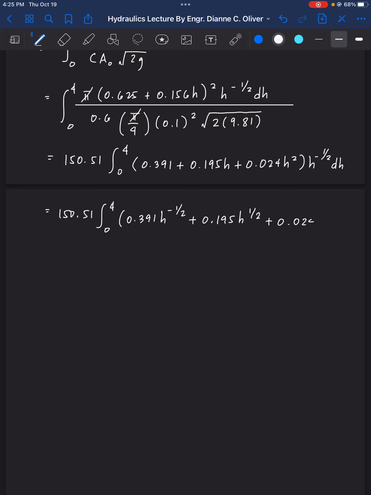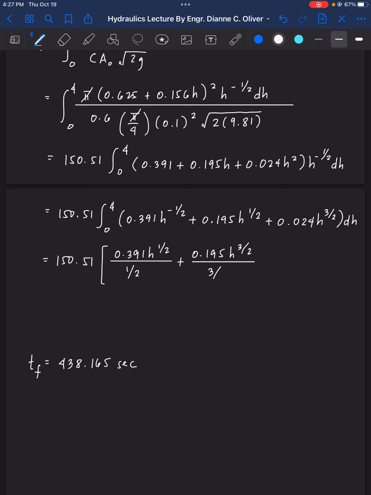Then 0.195 h raised to 3/2 over 3/2, and plus the last term. I suggest you review integration in order to understand what happened here in the longer method.